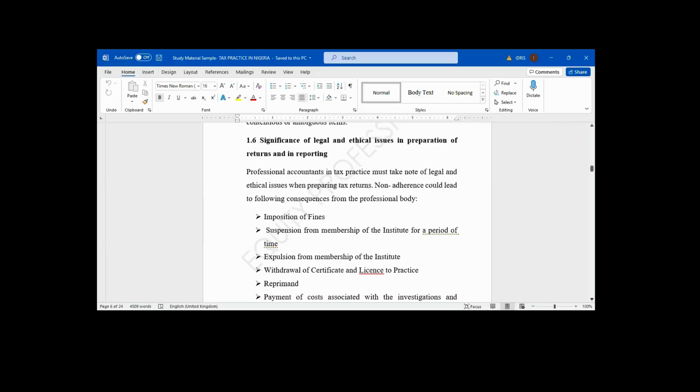Or the tax authority publishes your name as one of the tax consultants that normally help clients to engage in tax evasion. You may be suspended.